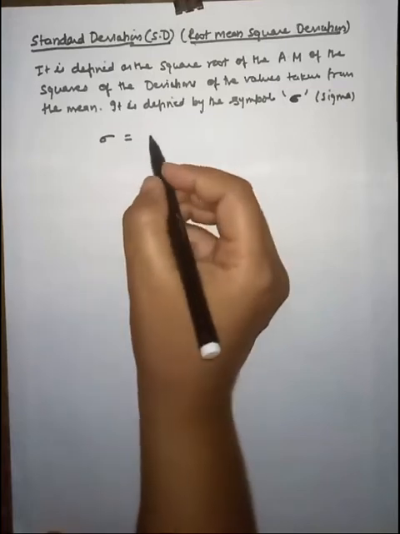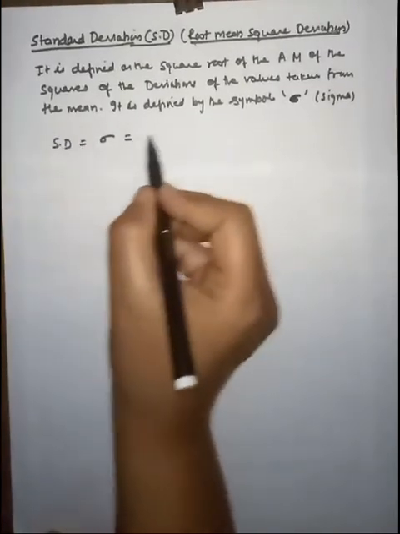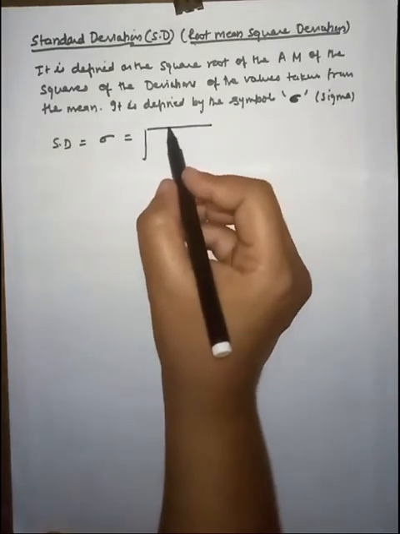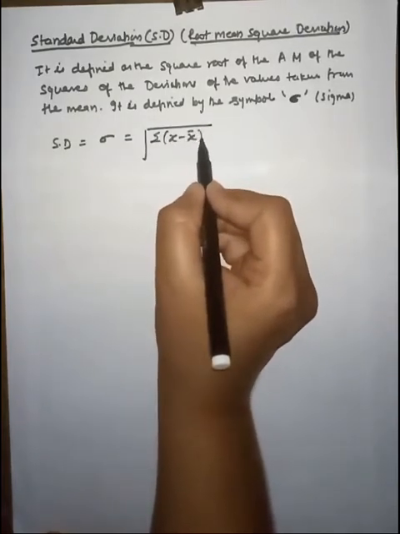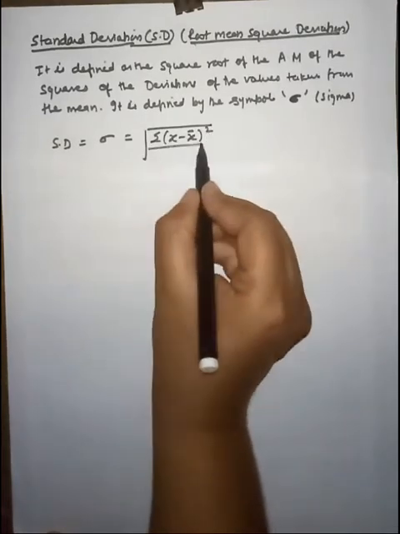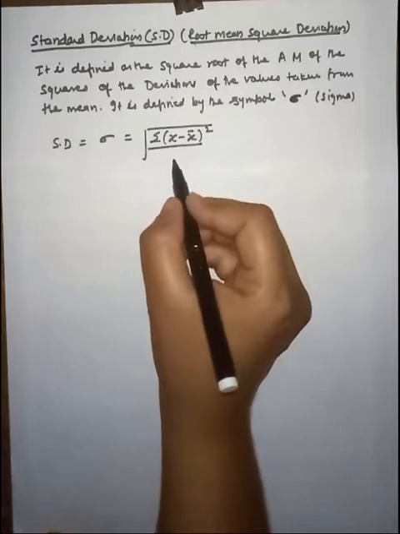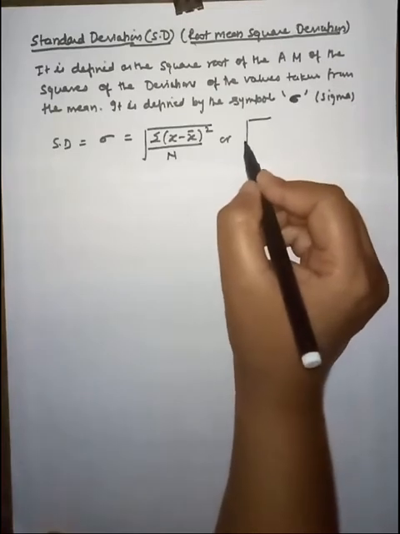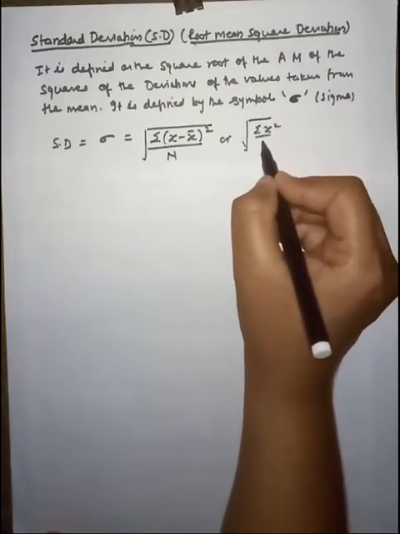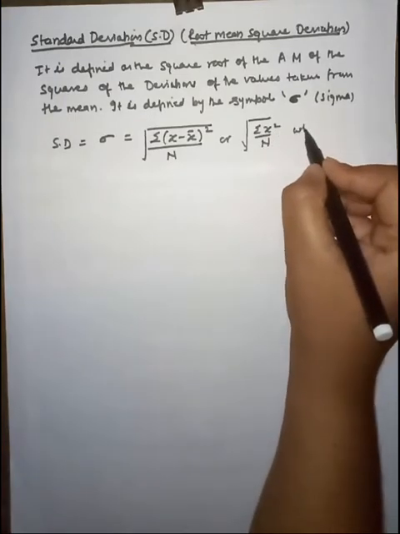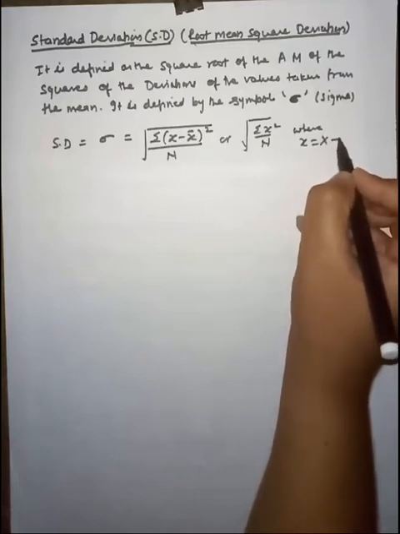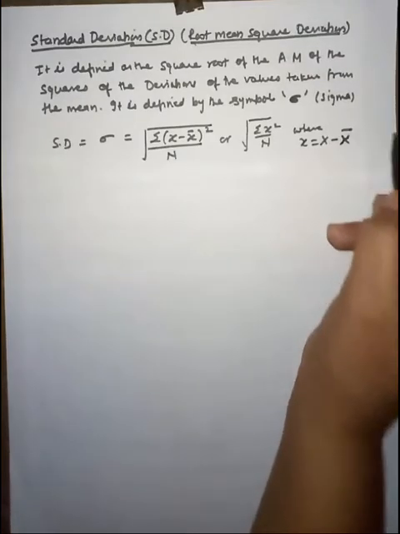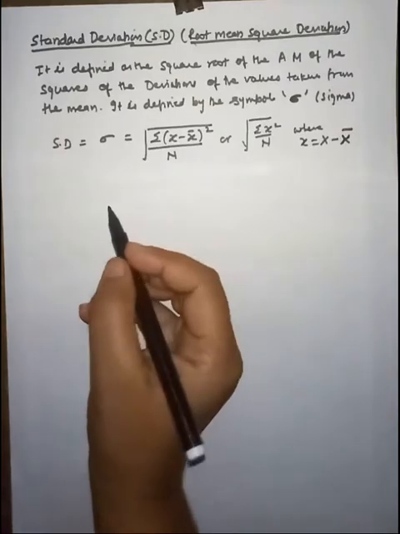So friend, standard deviation is equal to, it means sigma equals the square root of summation (x minus x bar) whole square upon n, or this can be written as summation x square upon n, where small x equals capital X minus X bar, the arithmetic mean, right friend?